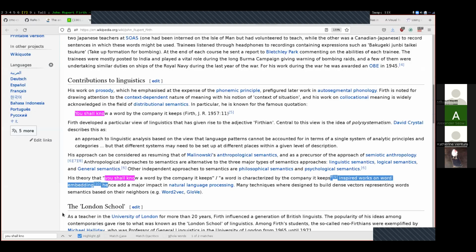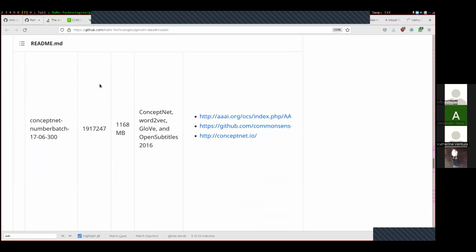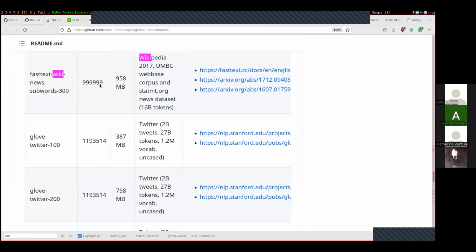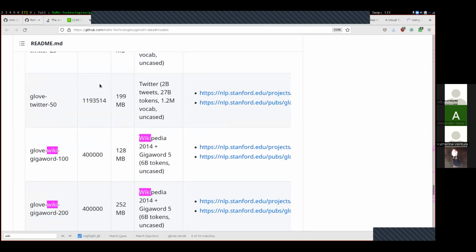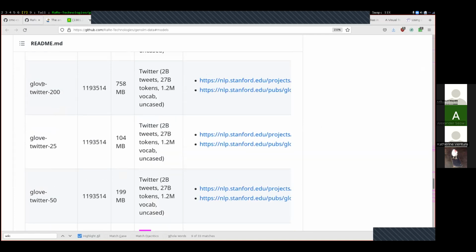And if we come over to this link right here, it's one of the references. These are all the models that are just available by default in GenSim. There's a lot to pick from here, but we're looking at just this one compared to this one right here. The only difference between them being just the size of the dimensions.